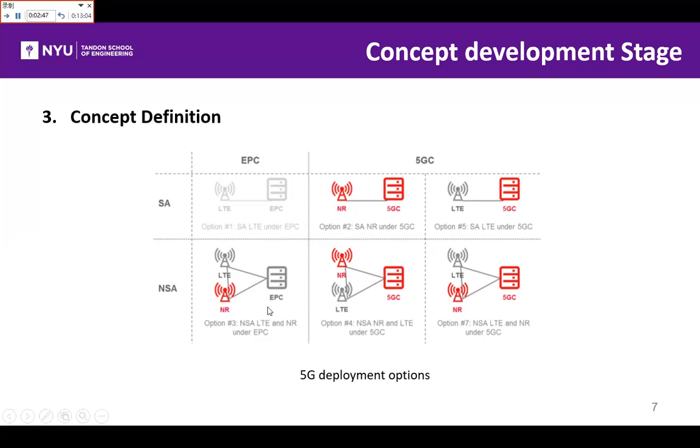And also for the EPC network and the 5GC core network, the EPC is based on the packet core network, which is also applied in the previous systems, like 4G or even 3G. So we can leverage the existing infrastructure, but it will not provide performance as good as the new technology 5GC.